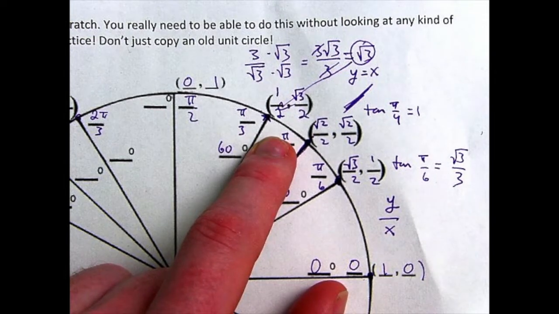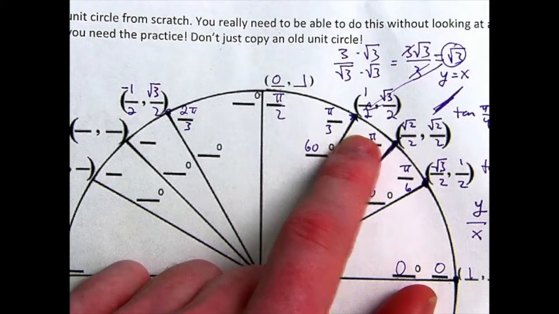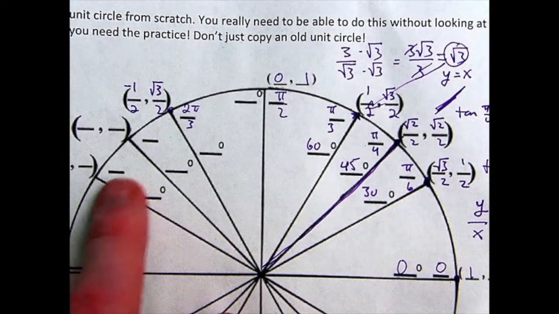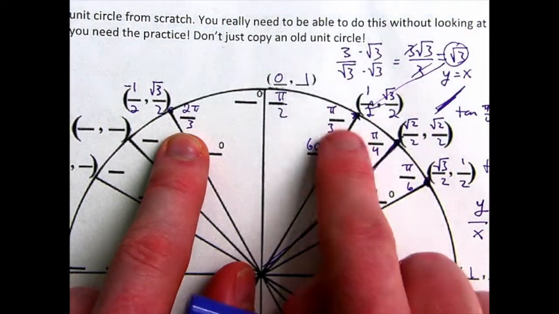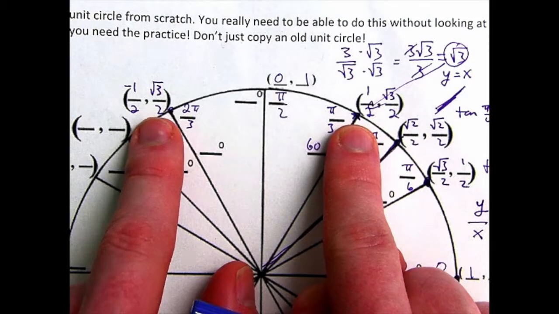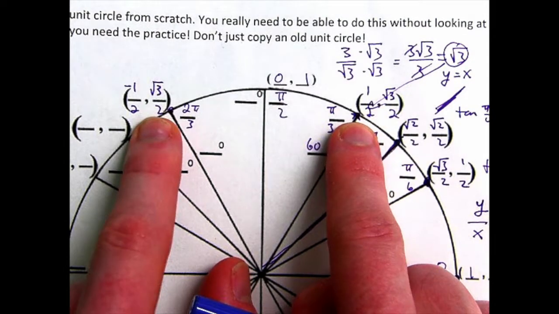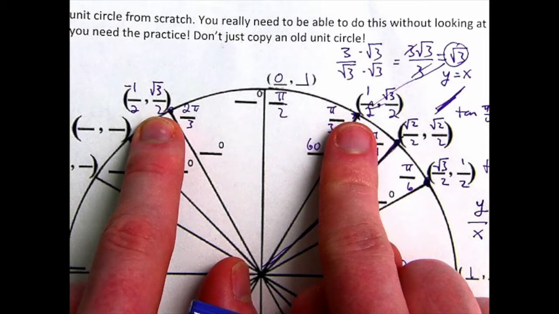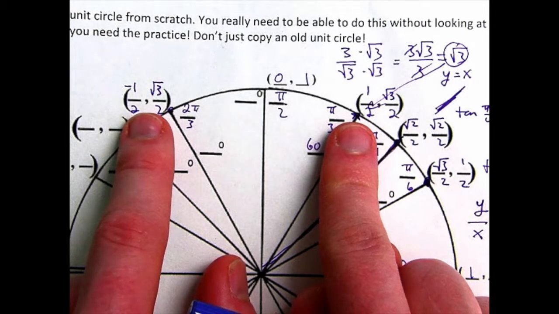Now, at any rate, you can figure out the tangent values of every other angle pretty quickly. So, for example, how can we do it? Well, let's think about the tangent value for 2 pi over 3. Again, tangent is y over x. And comparing these two coordinates, the y's and x's are basically the same. The only difference is over here, the x coordinate is negative.